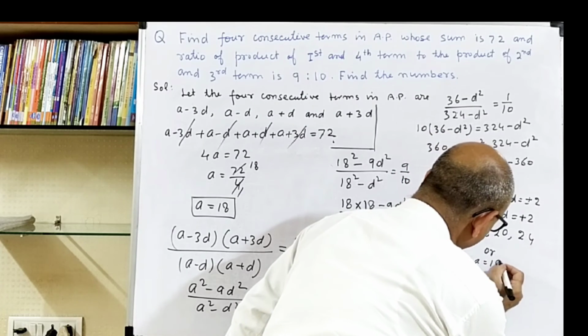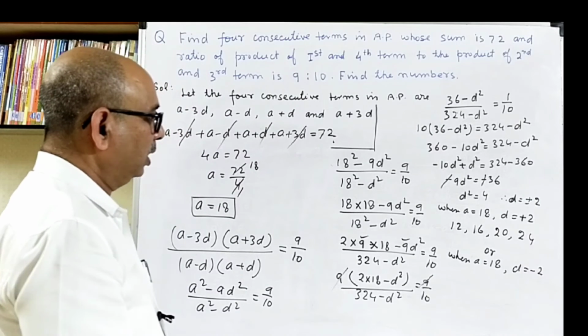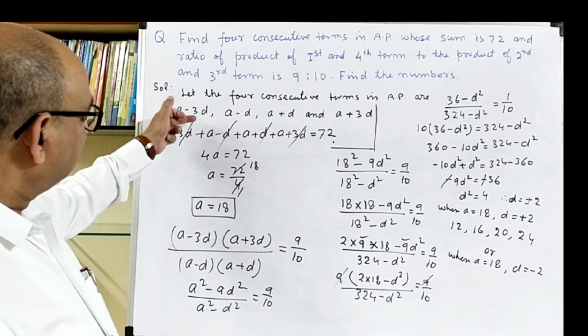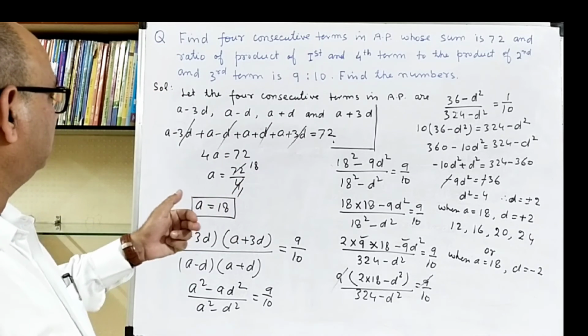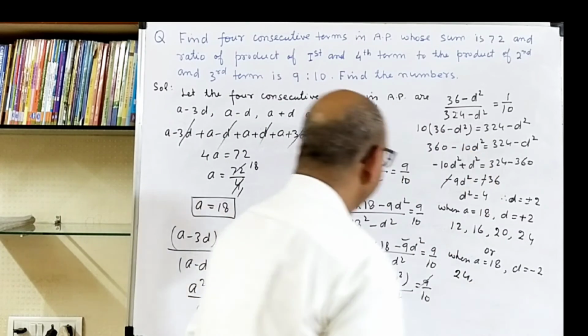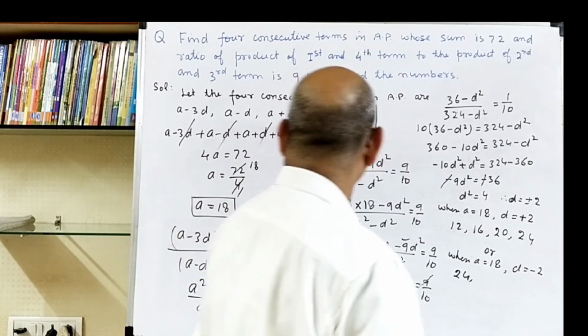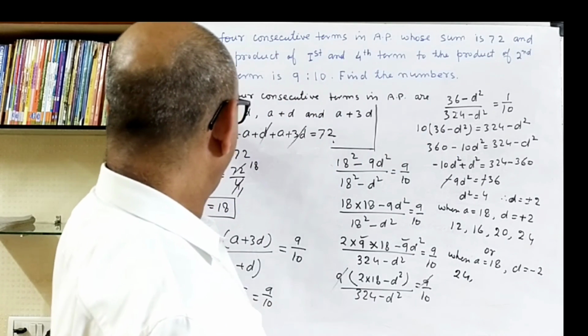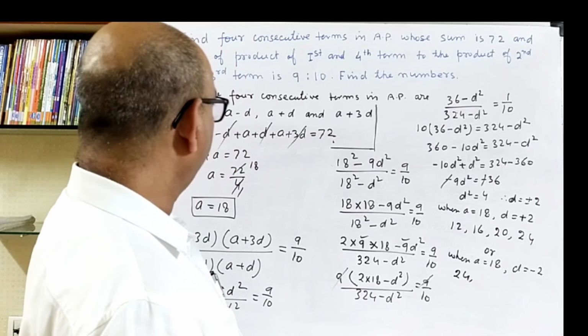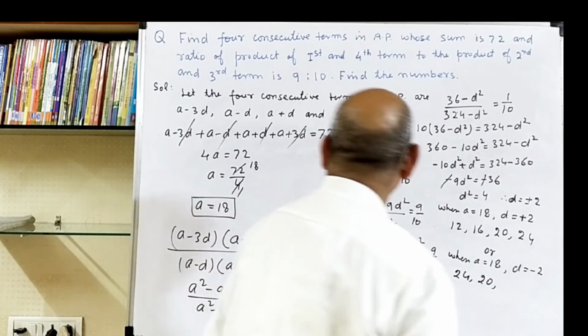Or when a equal to 18 but d equal to minus 2. A minus 3d, minus 3 into minus 2 is 6, 18 plus 6 is 24. A minus d, this will be equal to 18 plus 2 is 20.